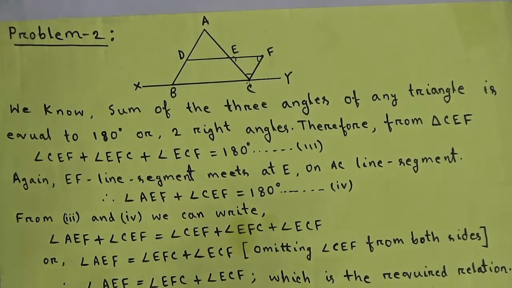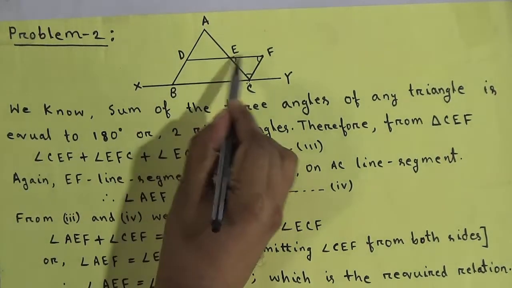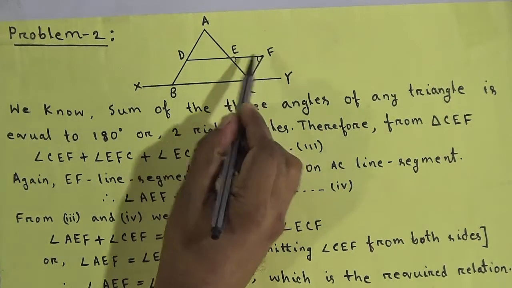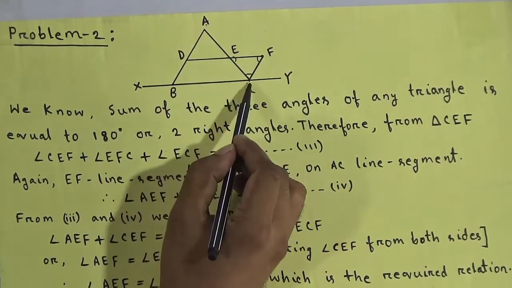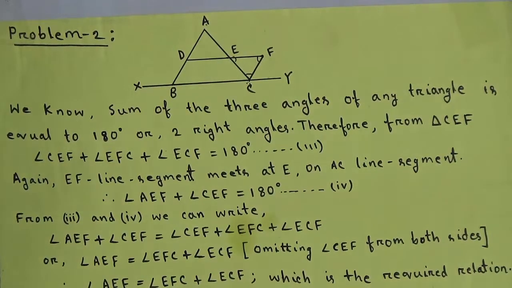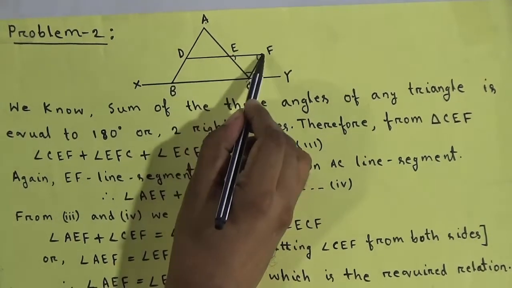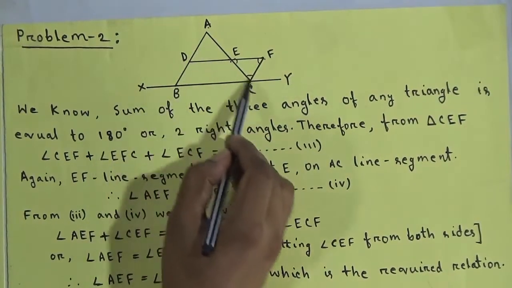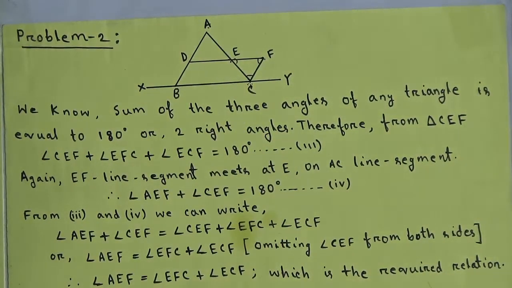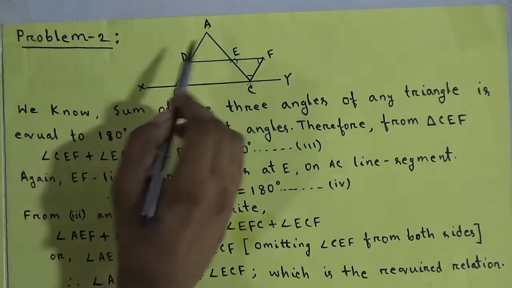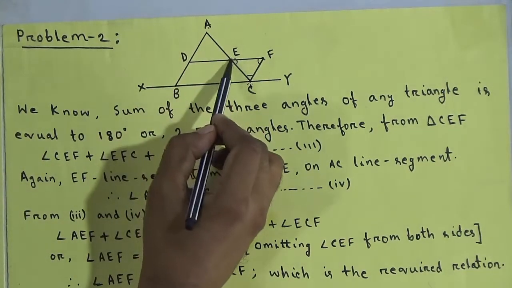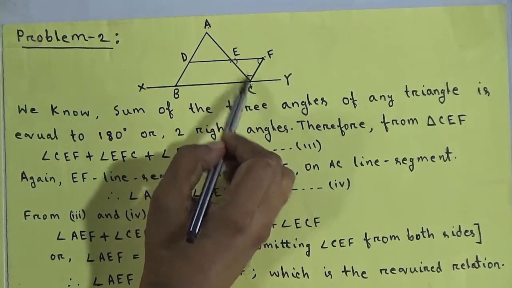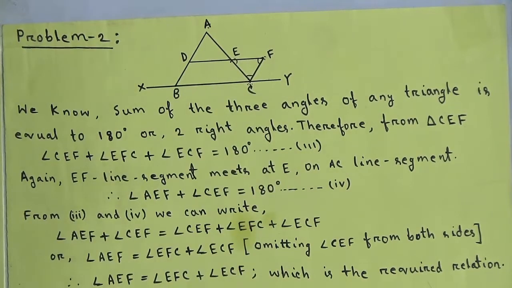Dear students, again, EF is a line segment and AC is another line segment. The line segment EF meets AC at the point E. Therefore, two adjacent angles are formed, AEF and CEF.